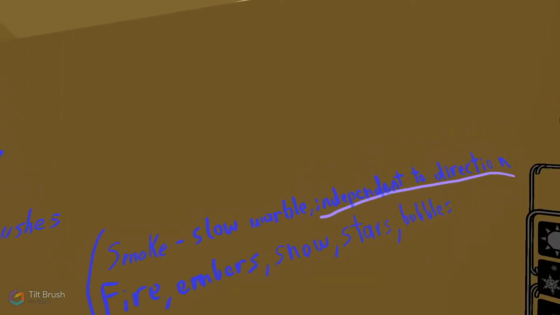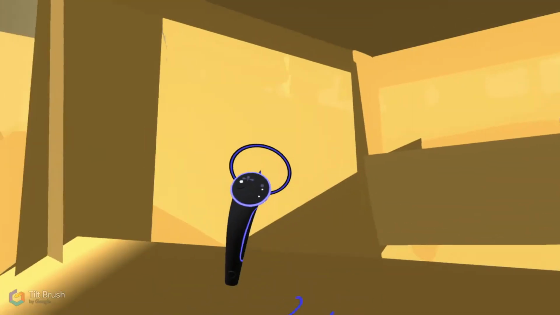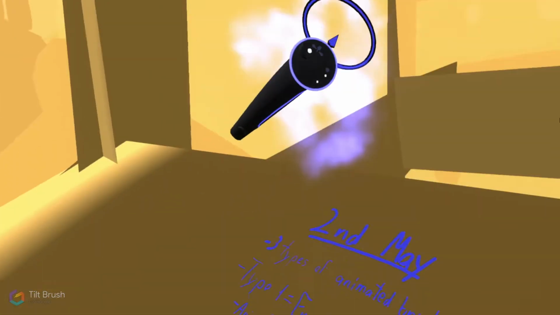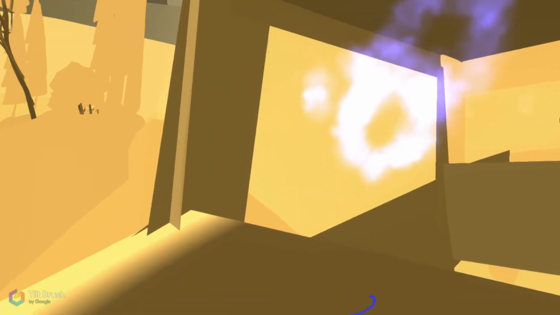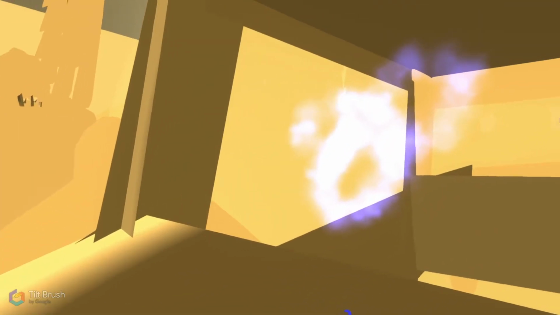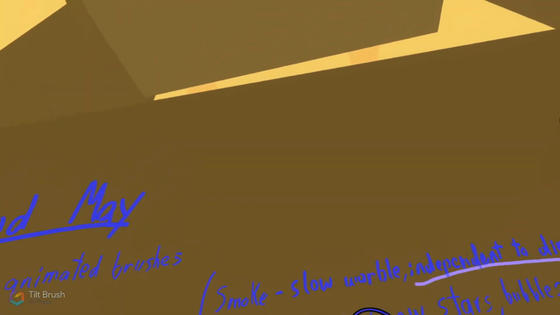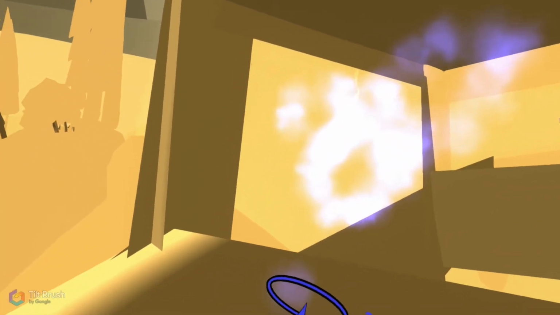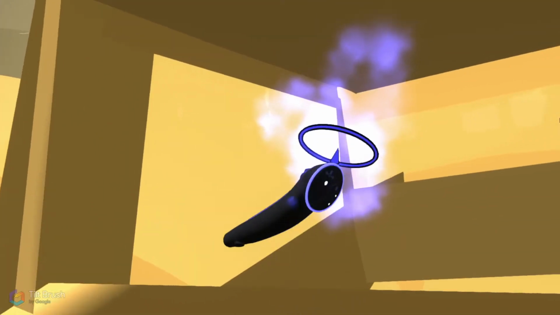Here are some examples. Let's go with smoke first. Environmental animations work best to make an environment, because they don't stand out too much. They usually just slightly animate. For example, the smoke has a slow warble, and it animates in place.